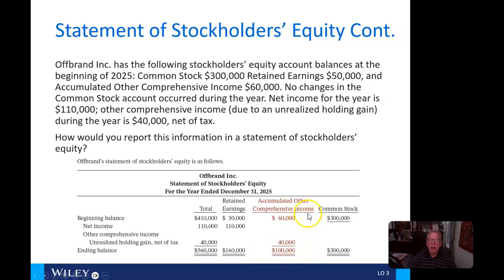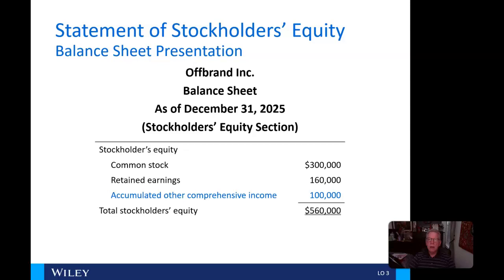We had a beginning balance of 60,000, right? And then we had an additional 40,000 of unrealized holding gain net of tax, total of 100,000. Okay. All right. And then finally, we have how we would present the off-brand incorporated.